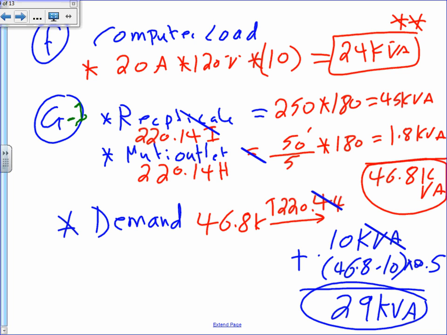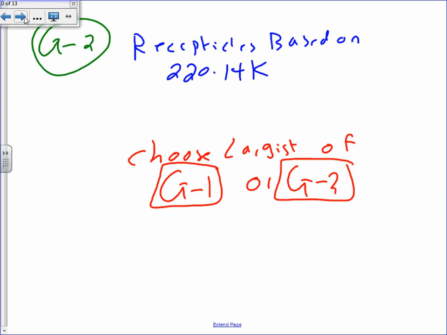Now, so we demanded it. Then we have to compare them, guys. We're not going to carry it yet. Next, we're going to take receptacles based on the NEC code book for a commercial building. 50,000 square foot, multiplied by 1 from the NEC code book.